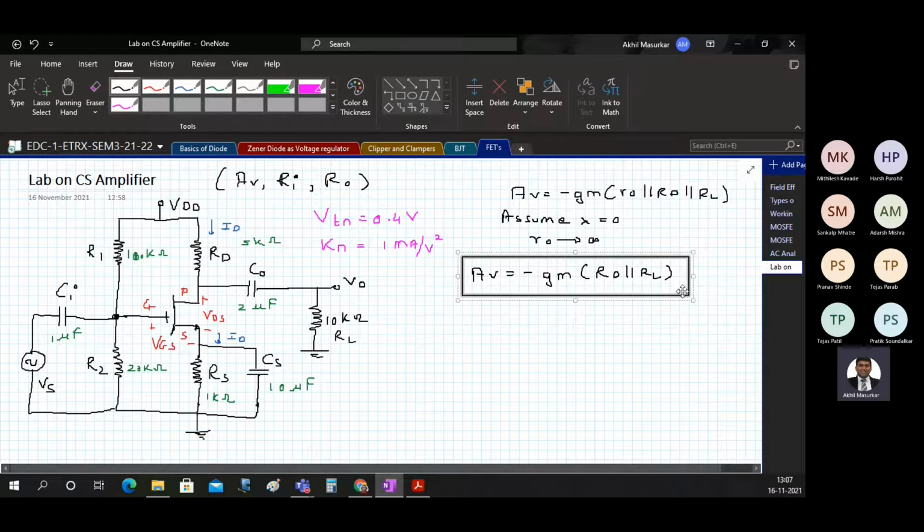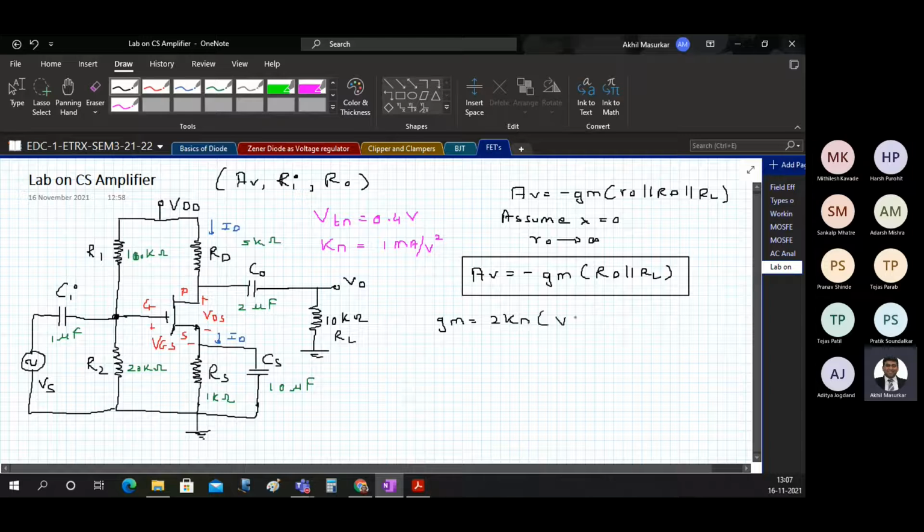So we can see Rd, we can see RL, but we don't have the value of Gm. To calculate Gm, the formula is Gm equal to 2 Kn into Vgs minus Vtn.